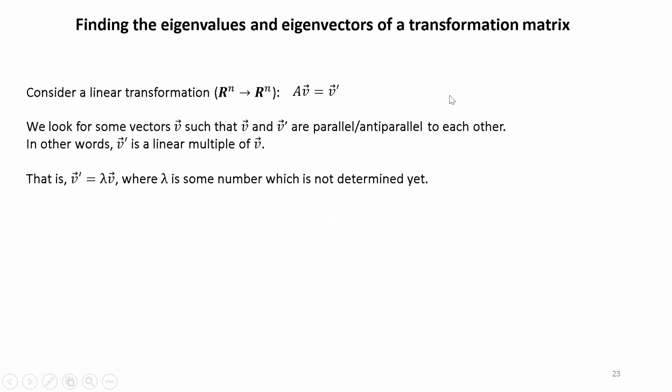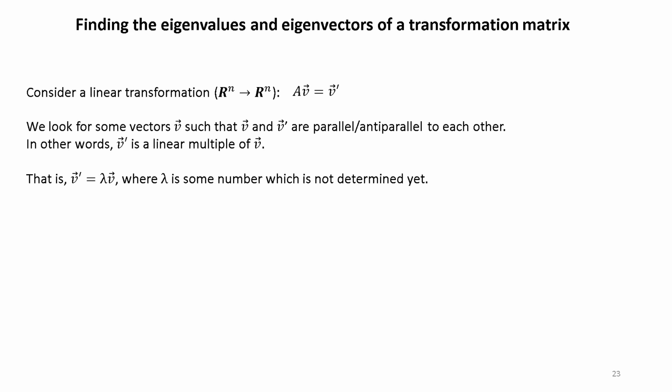So now let's look at a systematic way to find the eigenvectors. In the previous examples, I was relying on this geometric picture to figure out the eigenvectors or to determine whether they are eigenvectors or not.